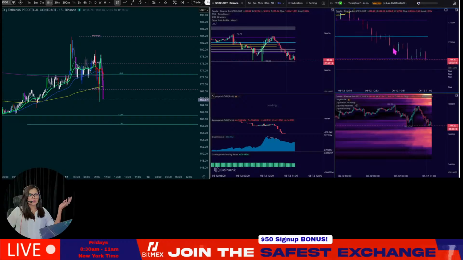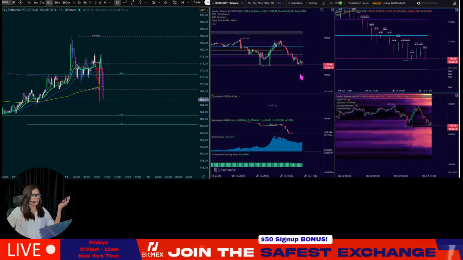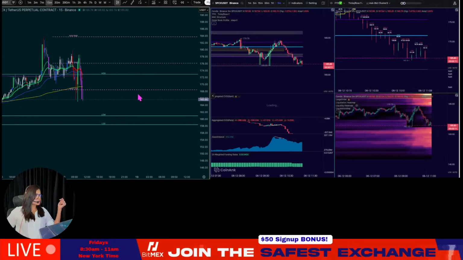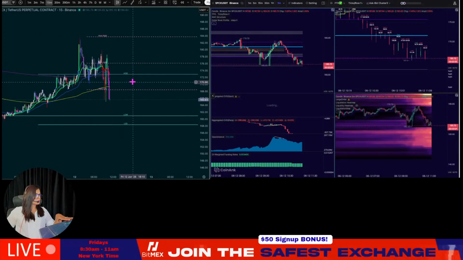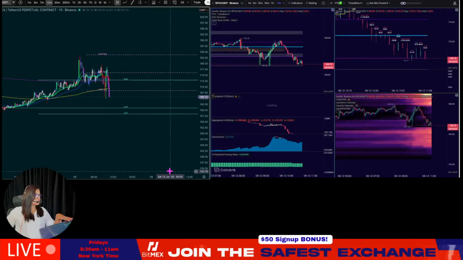So you draw your fibs. Oh yeah, there is definitely more down. Whoa, that's a clear MSB, a bearish MSB right here, guys. There we go. That's a bearish MSB.